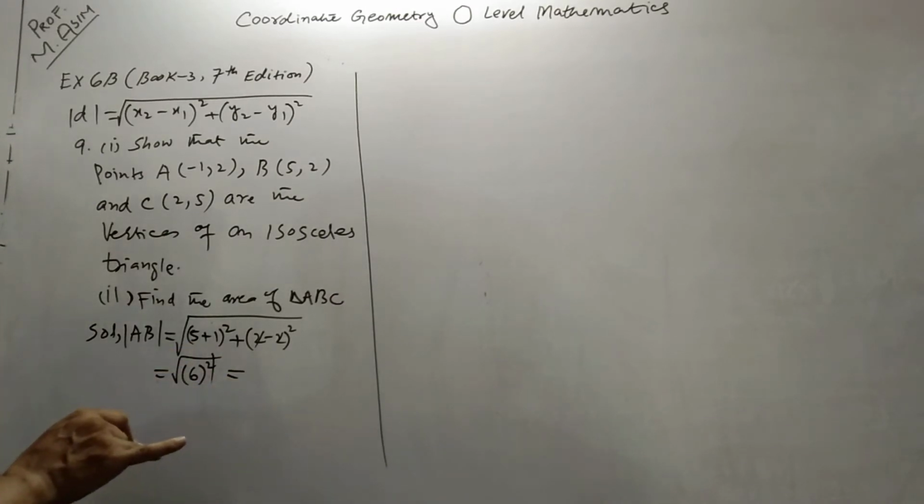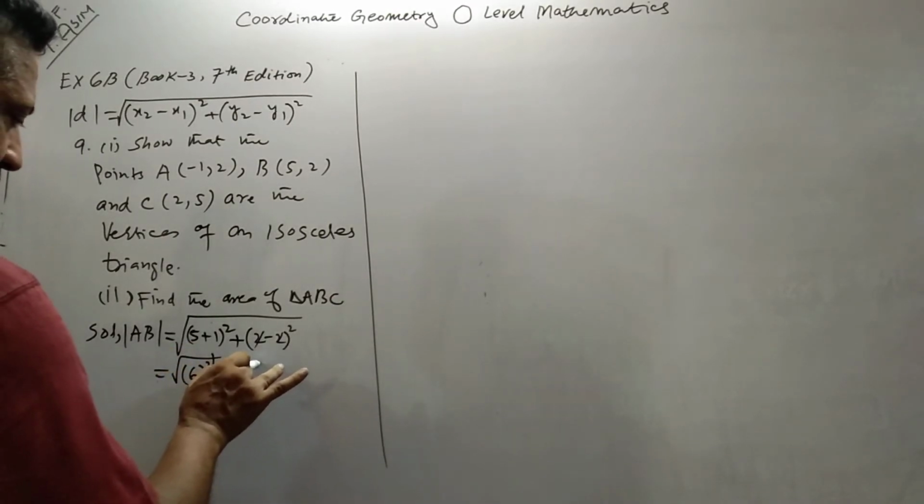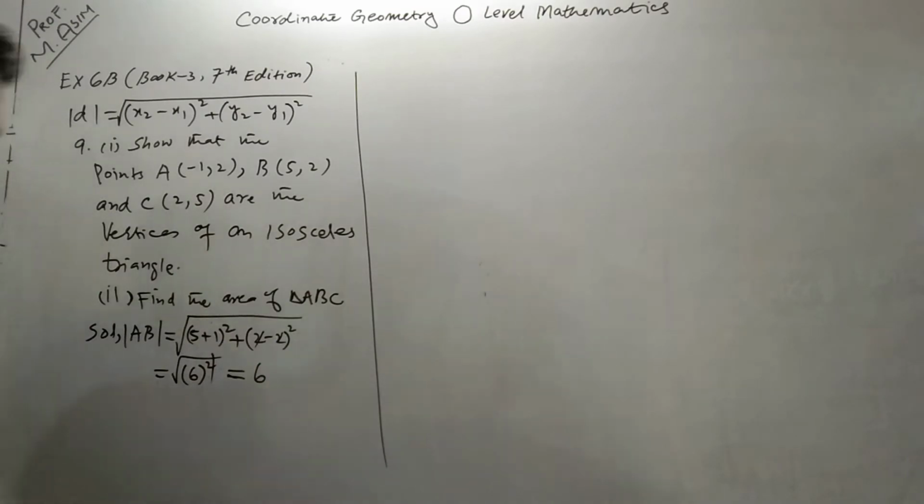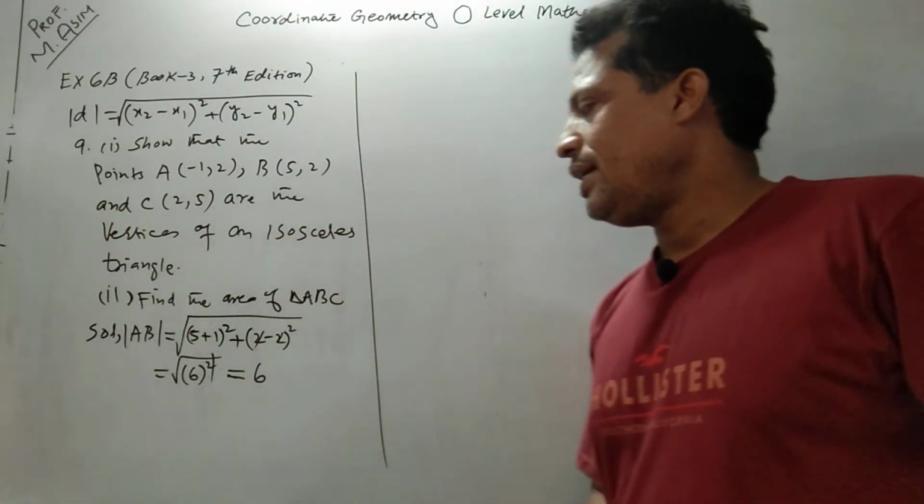Square and root cancel, so the answer of AB is 6. The length of AB is 6.